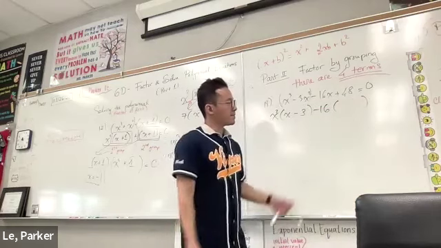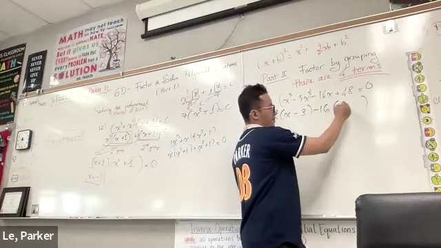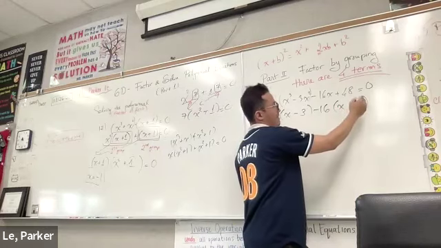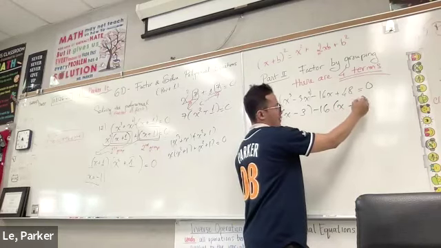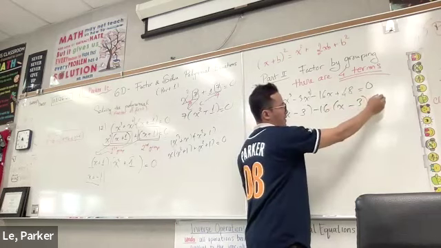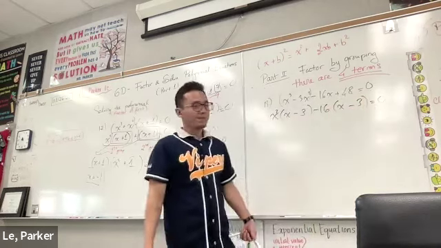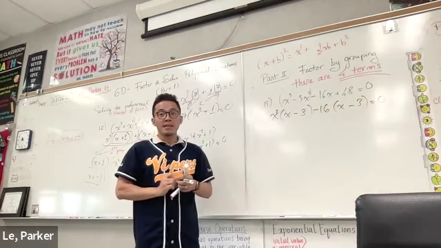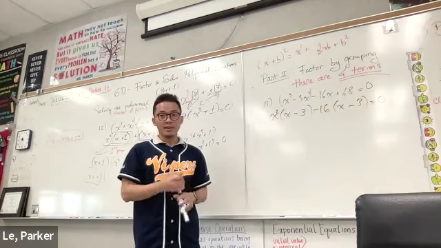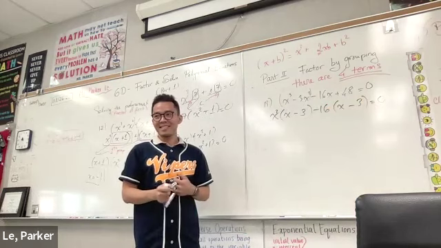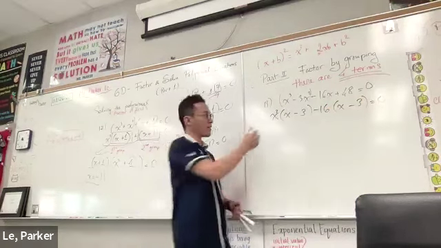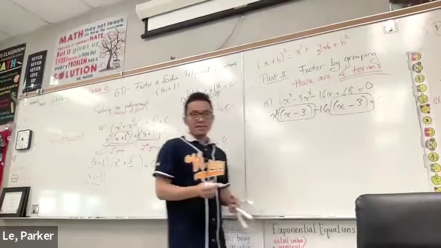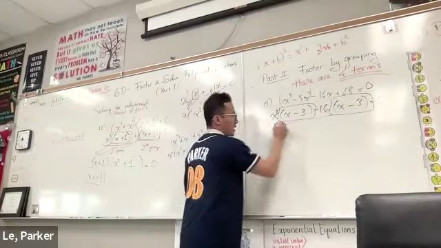Now, what did you have? 48 you have. Now, what is the common factor? X minus 3. What is the factor?